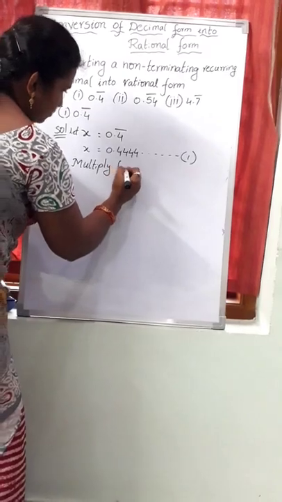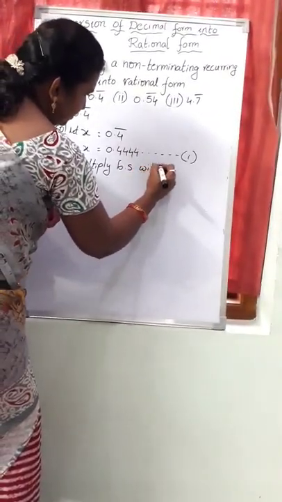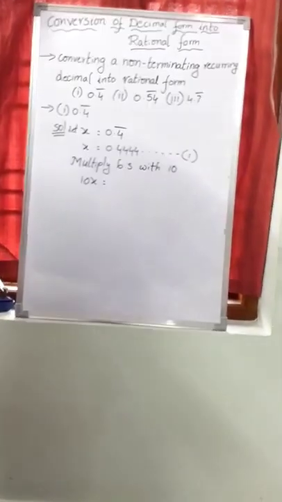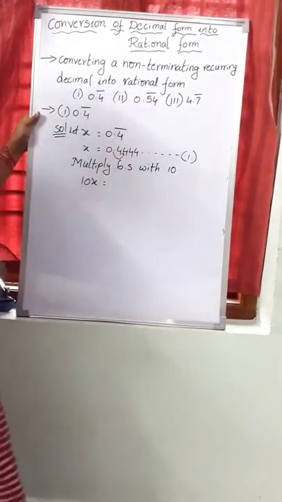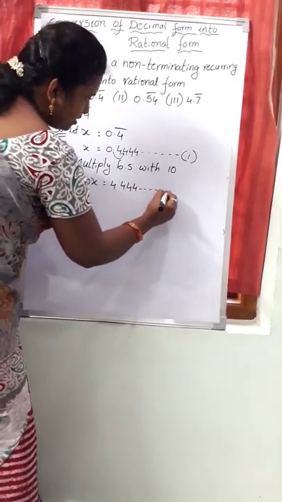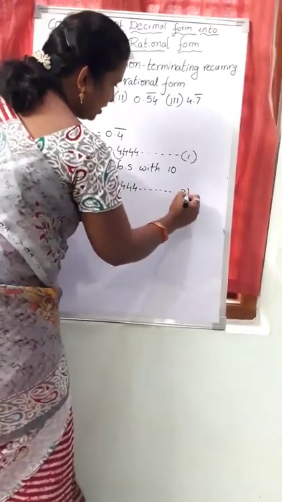So 10x is equal to, now when I am multiplying a decimal number with 10, the decimal place will move one step forward to the right side. Then we can write it as 4.444 and so on. Is it correct or not? Now let us take it as the second equation.